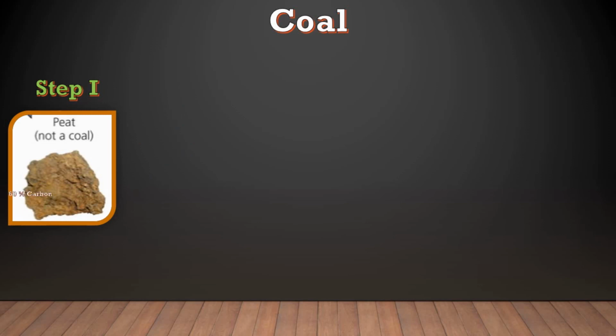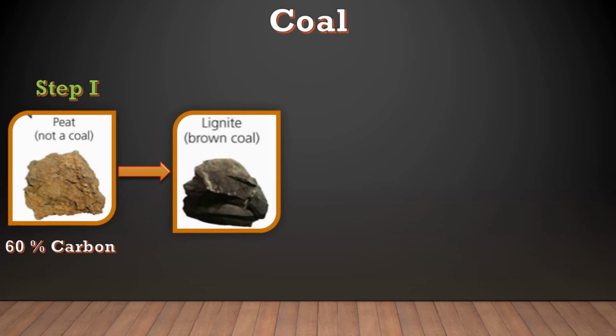Peat was transformed into lignite due to increased pressure and temperature inside the earth. It contains 60 to 70% of carbon. Lignite formation is the second step in the formation of coal.